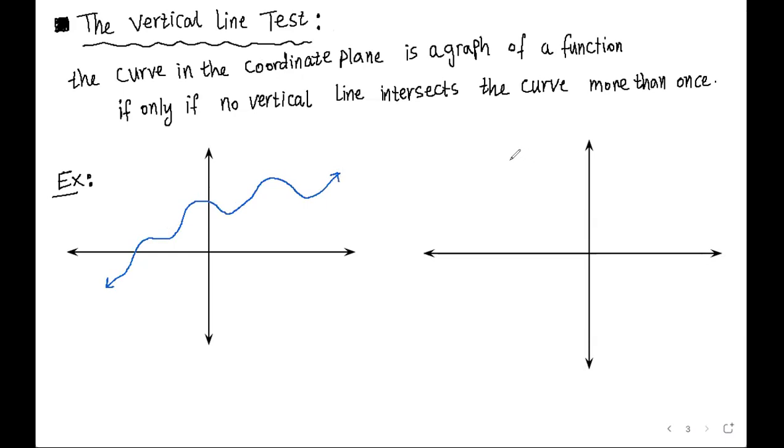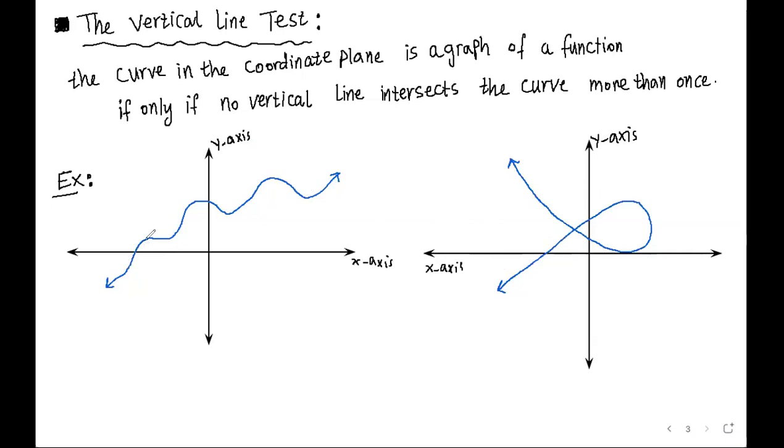For the second one, suppose my graph looks like this. This is the y-axis, this is x, and here is y. So this is a curve. Look, this is a curve, and also the blue one here is a curve.